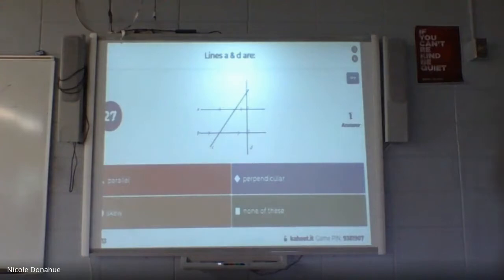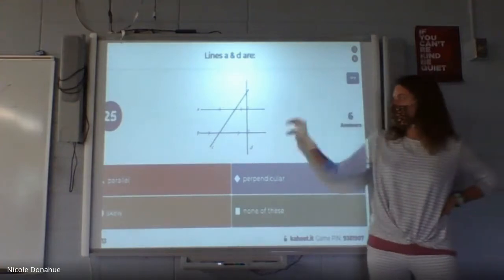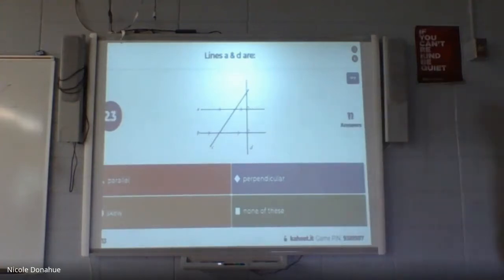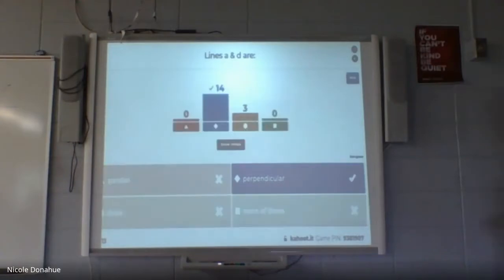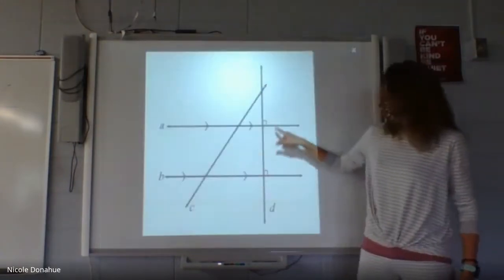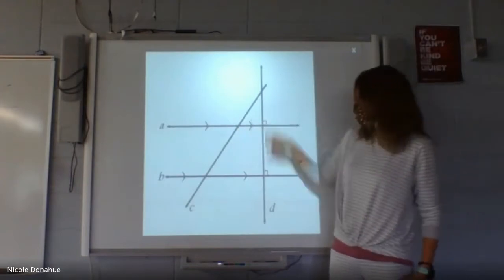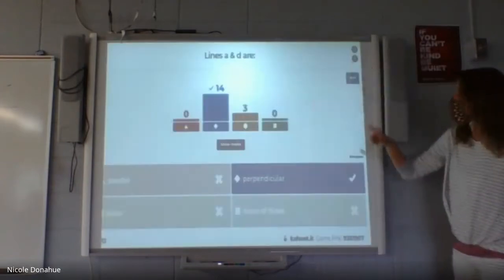A and D. D is over here, A is there. So yep, they're perpendicular because they have the little corner there that tells us they're perpendicular.